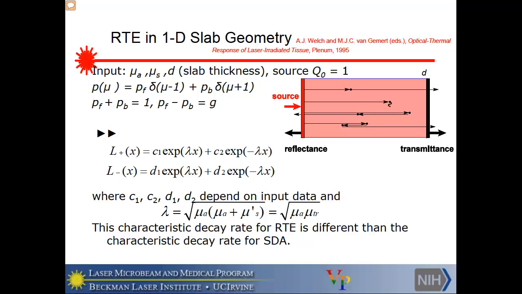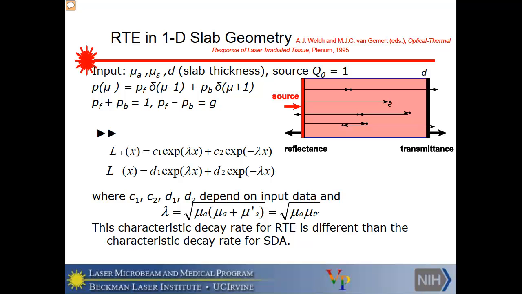And so you're in general going to get a sum of exponentials with a characteristic decay rate lambda given by the square root of mu A times mu transport. And the constant C's and the D's, of course, depend on the input data, but you can extract the values of those constants from the data and solve the problem completely. One of the interesting things about this solution is that the characteristic decay rate for this RTE problem is this.